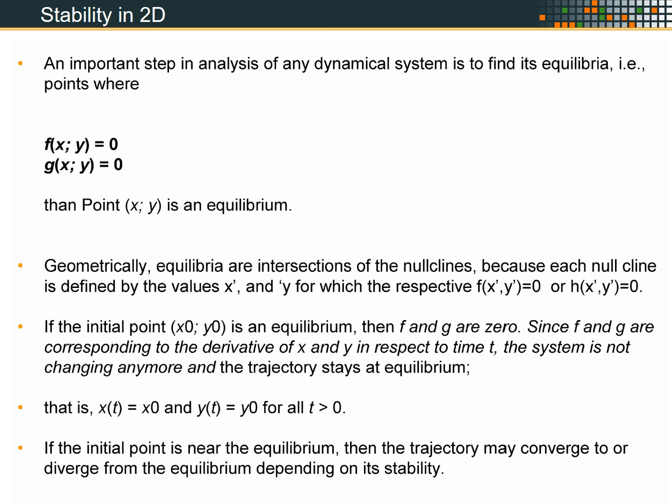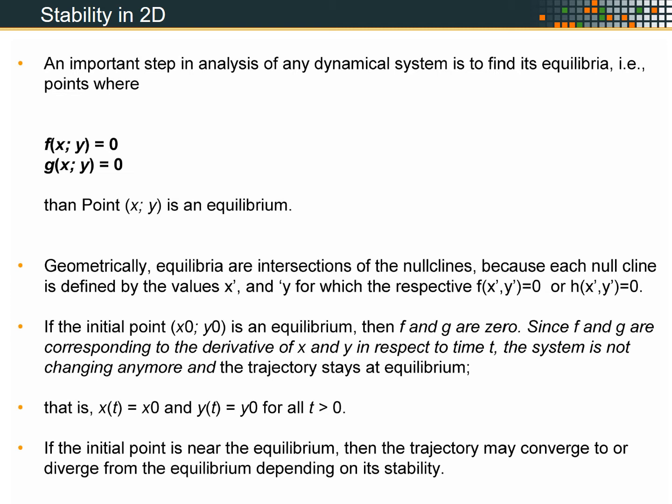If it's a fixed point, then of course we know that the sufficient condition for determining that the fixed point exists is that there is no change in any of the two directions. That means f and g both have to be 0. So step number one in identifying a fixed point in a two-dimensional system is looking for solutions for which f and g of the given system are 0.